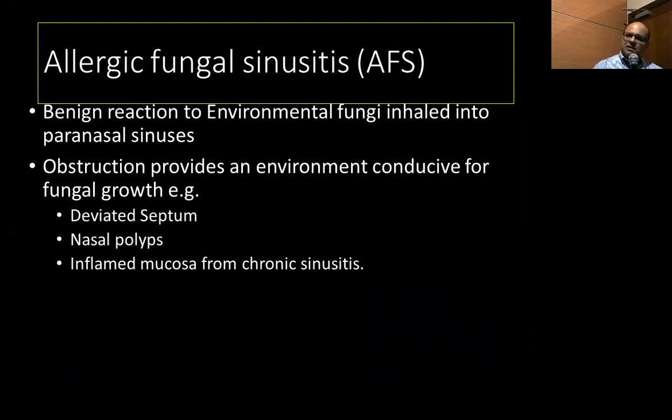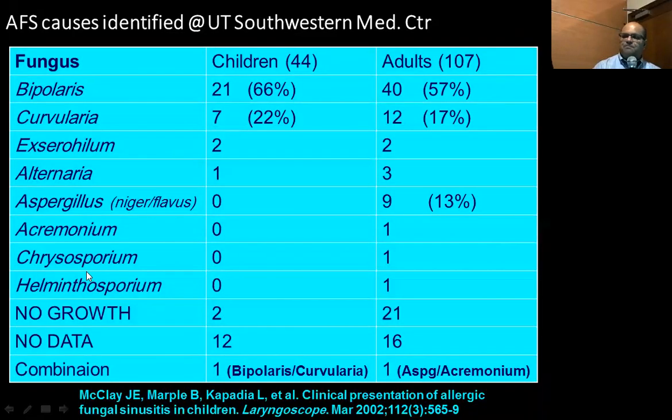Allergic fungal sinusitis, if I may indulge you, is a benign reaction to the environmental fungi. There's plenty of Aspergillus in Jordan. Obstruction provides an environment conducive for fungal growth, such as deviated septum, nasal polyps, and inflamed mucosa. So obstruction, again, has been focused upon many times in this lecture.